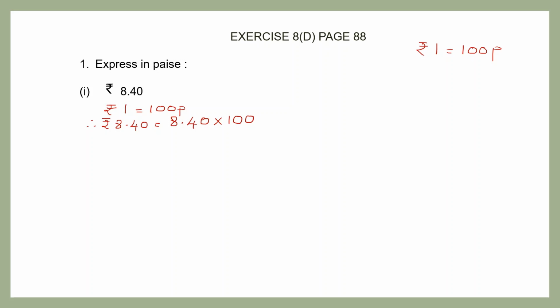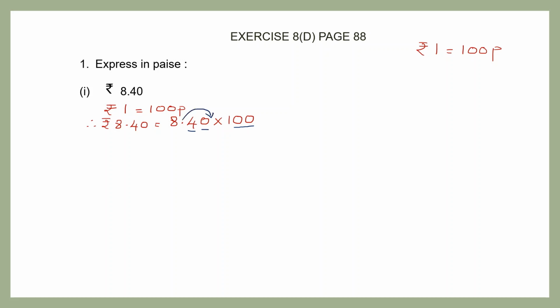Okay, now in the earlier chapters, exercises, we have learned how to multiply by 100. When you multiply a decimal number by 100, look at the number of zeros that you have. There are 2 zeros, so that means your point will move 2 places to the right. When it is multiplication, it will move to the right.